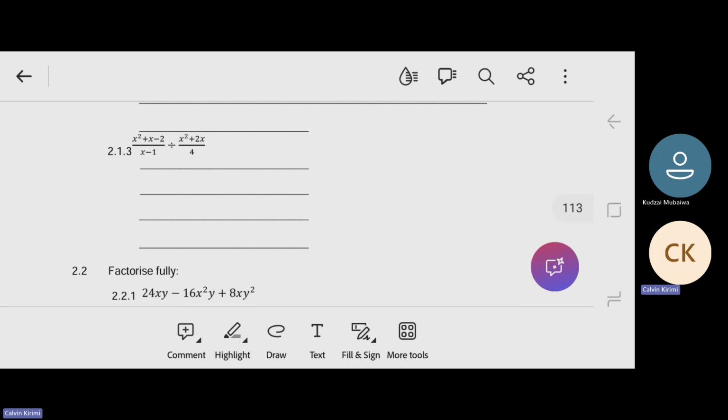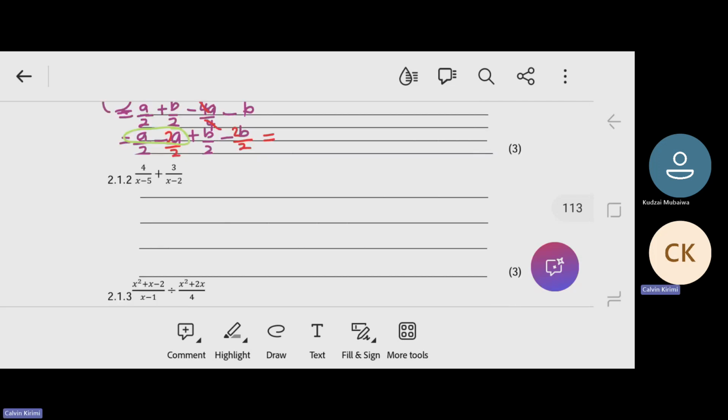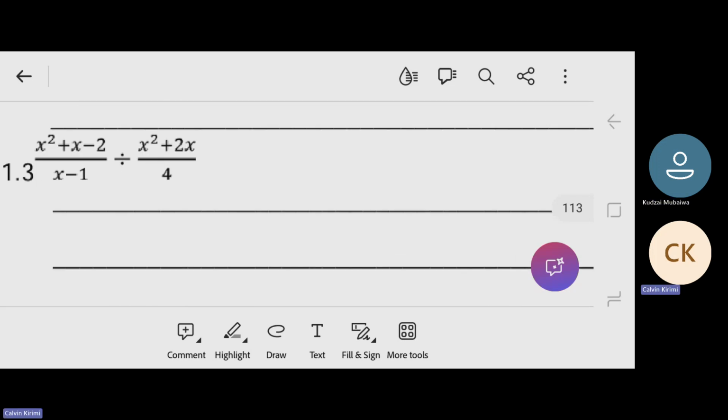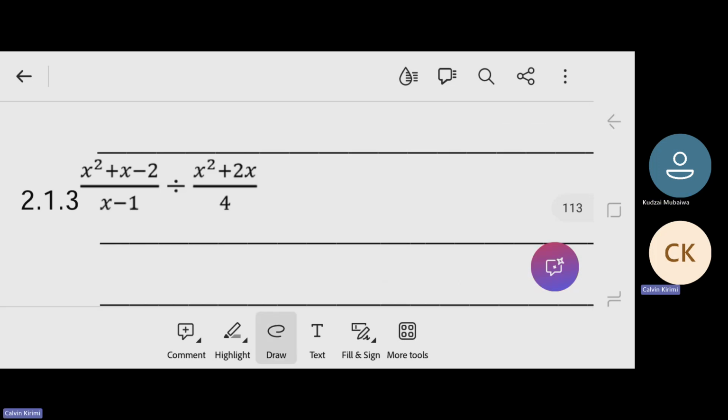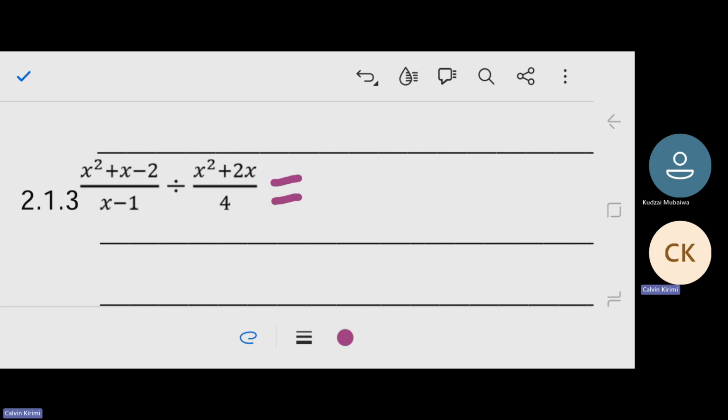Right, so we are here. We say equals x squared plus x minus 2 over x minus 1.